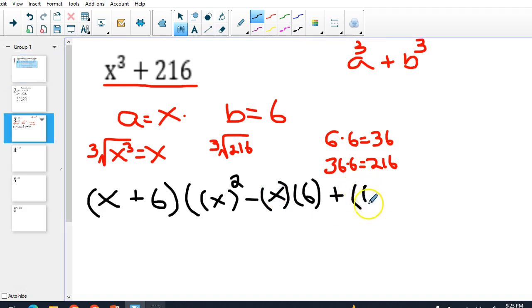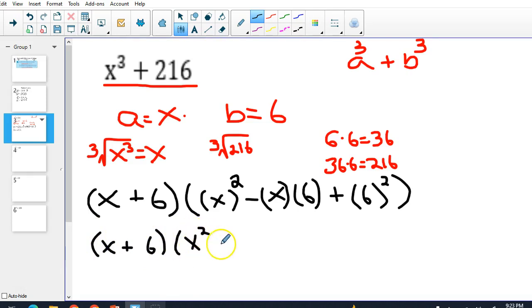So plus b is 6, and we're squaring that. Alright, close our parentheses. And we can simplify this down to x plus 6 times x squared minus 6x plus 36. Okay, that's all we did. Recognize it as a sum of cubes, find our formula, find our a value and our b value, plug in our a and b values, and simplify.